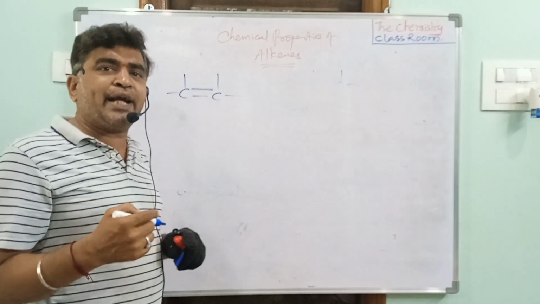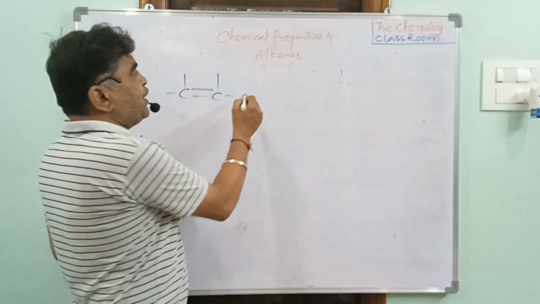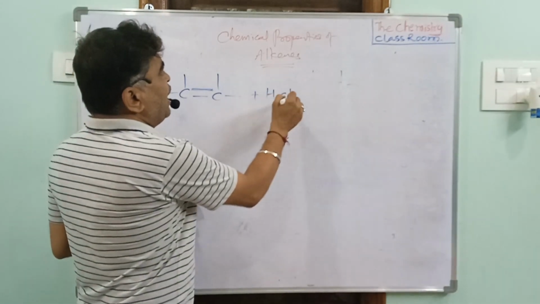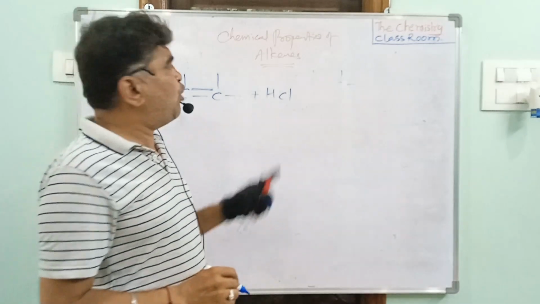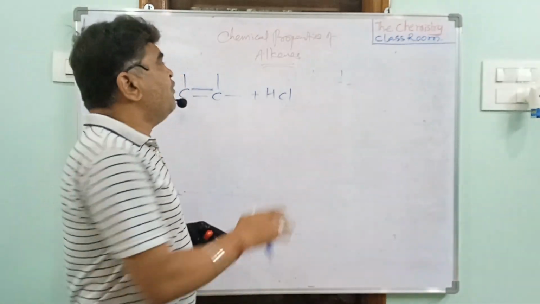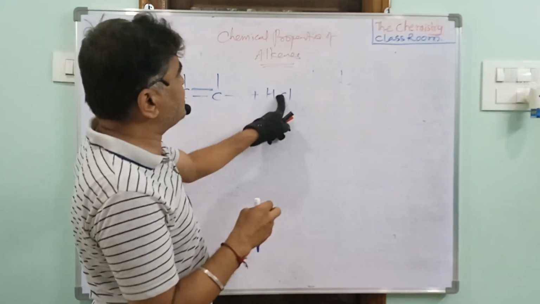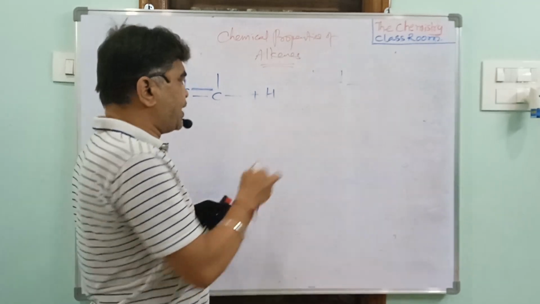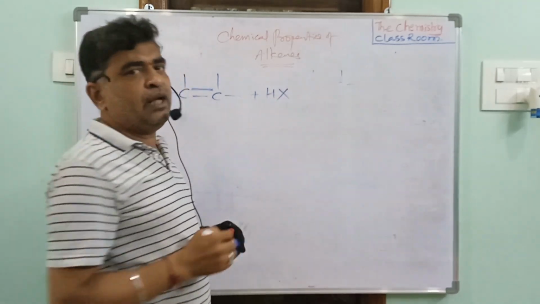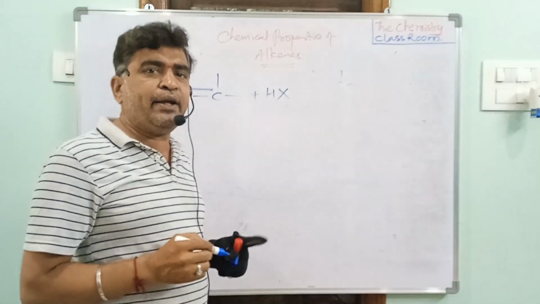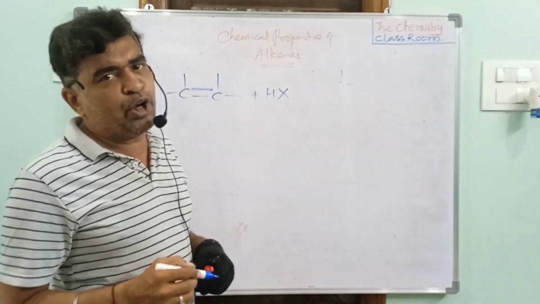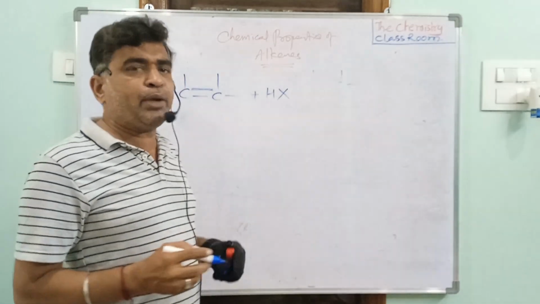When the pi cloud is negatively charged, if it is going to react with a heteroatomic molecule, what is it? The heteroatomic molecule we take is HX. Because I am taking one hydrogen and one halogen, the hydrogen halide, this is a heteroatomic molecule.